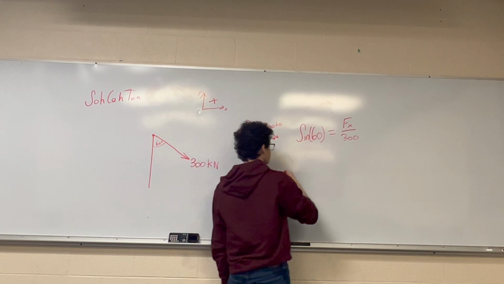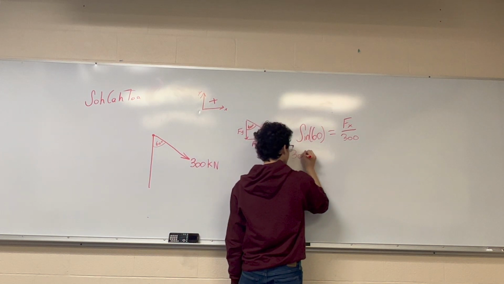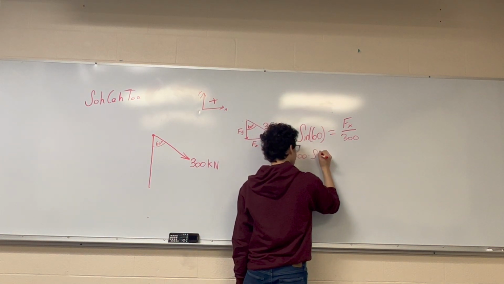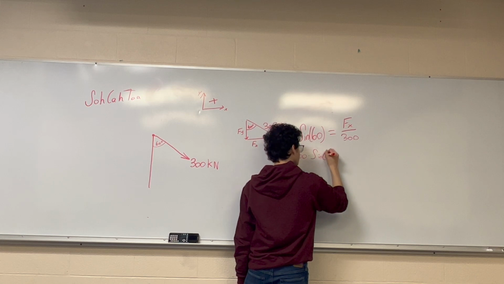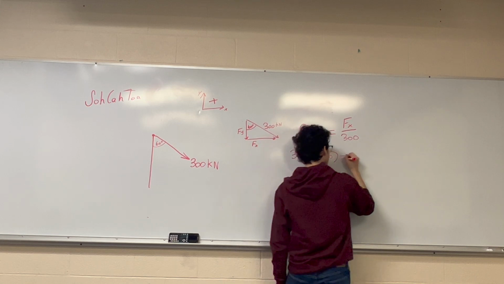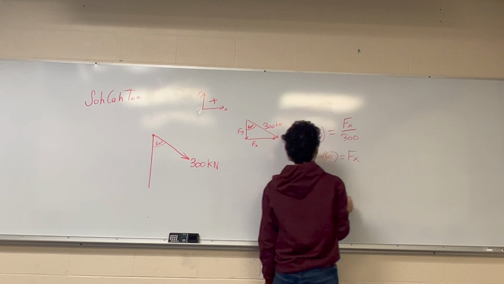We'll bring the 300 over here. So 300 times sine of 60 equals Fx.